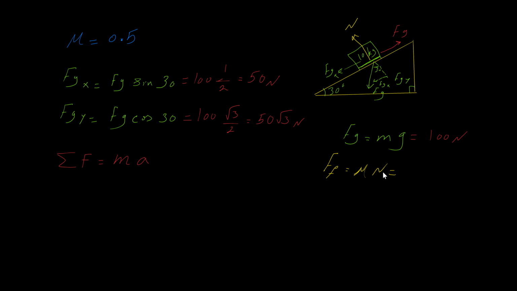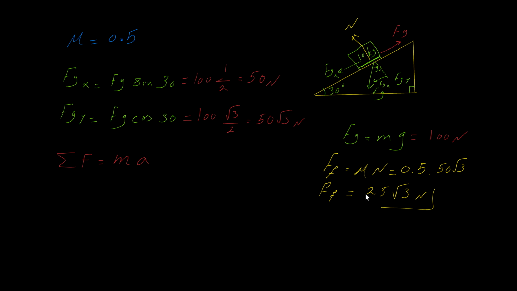So our normal force N is basically equal to Fgy. So if we plug in 0.5 multiplied by 50 root 3, the force of friction will be equal to basically 25 root 3 Newtons.